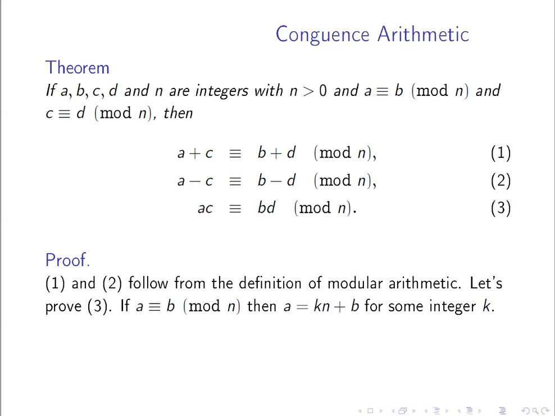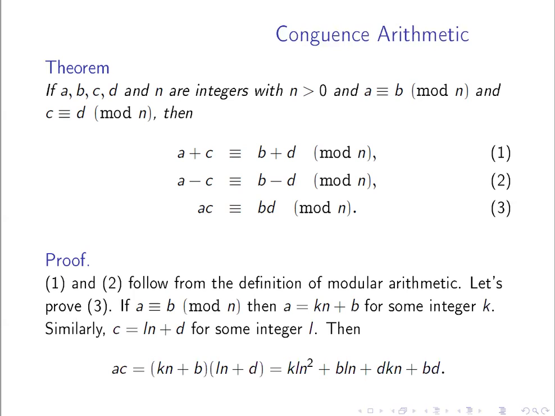We can start by saying that a congruent to b mod n is the same thing as a equals kn plus b for some integer k. That's the definition. Similarly, c equals ln plus d for some integer l. That's not a 1, that's an l. Now, that means that a times c, I can write it like this, multiplying it all together. Now, notice real quickly, these parts right here, I can take them and factor out an n, which means this part right here is congruent to 0 mod n.